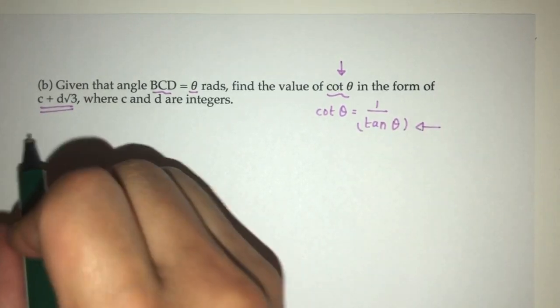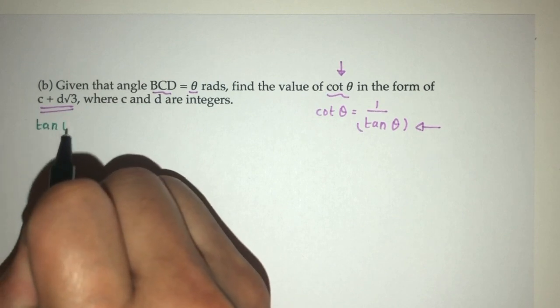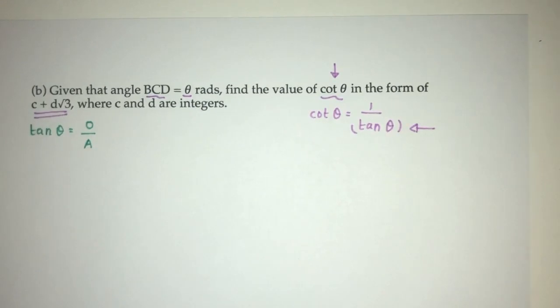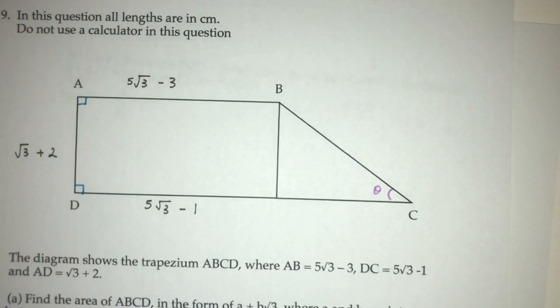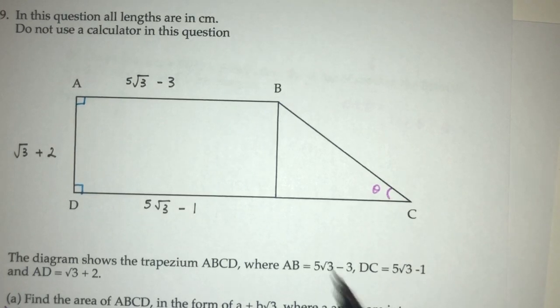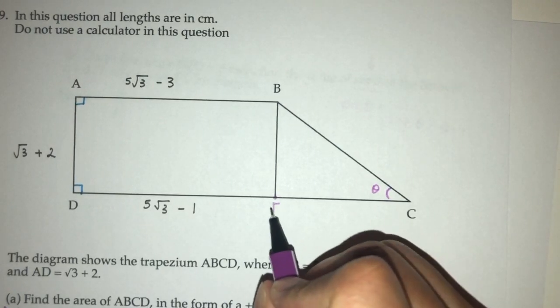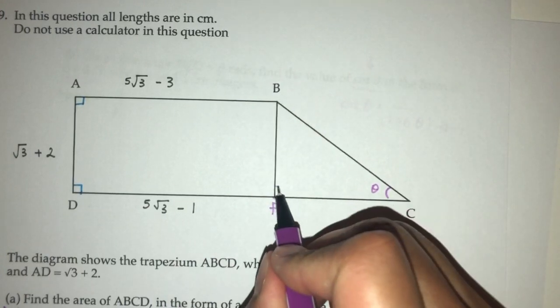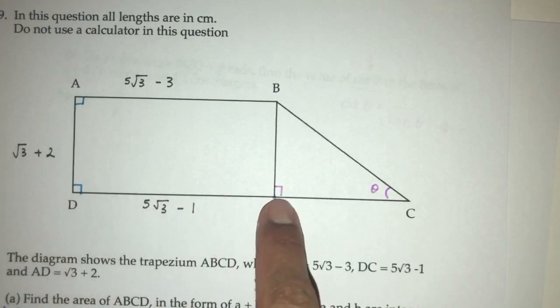Now we know that tan theta is what? Tan theta will be the opposite side divided by the adjacent side, right? Now if you go back to your diagram here, what can we derive? If you observe, you can see that we have a triangle. Let's say this point is the point F. We have triangle CBF, right? This one is 90 because this one is 90. This is also 90.